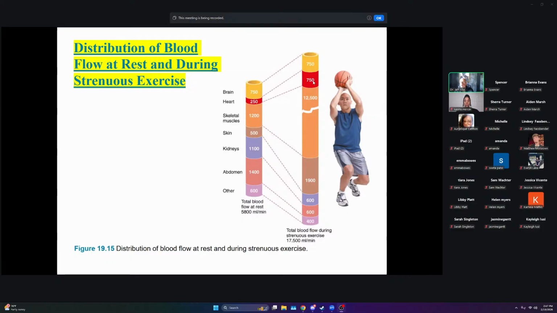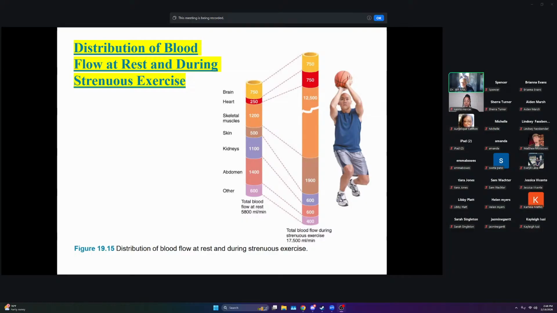So if we have more blood flow and that blood is going to get redirected from the arterioles, from our special senses, for example, or from our abdominal cavity, we're going to dump that blood into the system and our heart's going to see an increase in blood flow, getting that blood out to the areas that need it during strenuous activity.